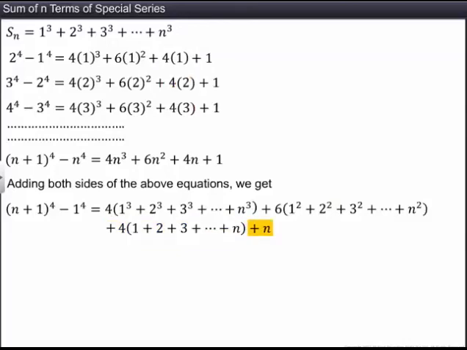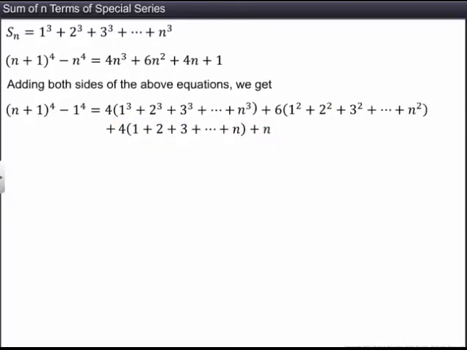Now, the sum of the cubes of the first n natural numbers is Sn, and the sum of the squares of the first n natural numbers can be written as summation of k square, k running from 1 to n.